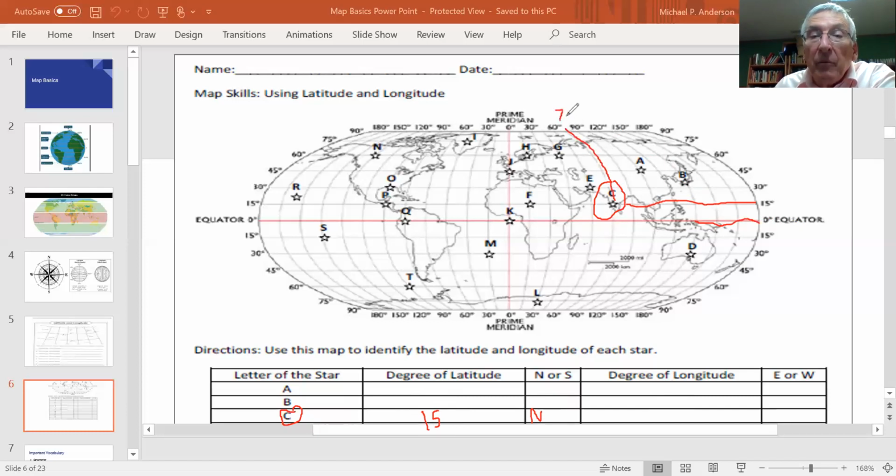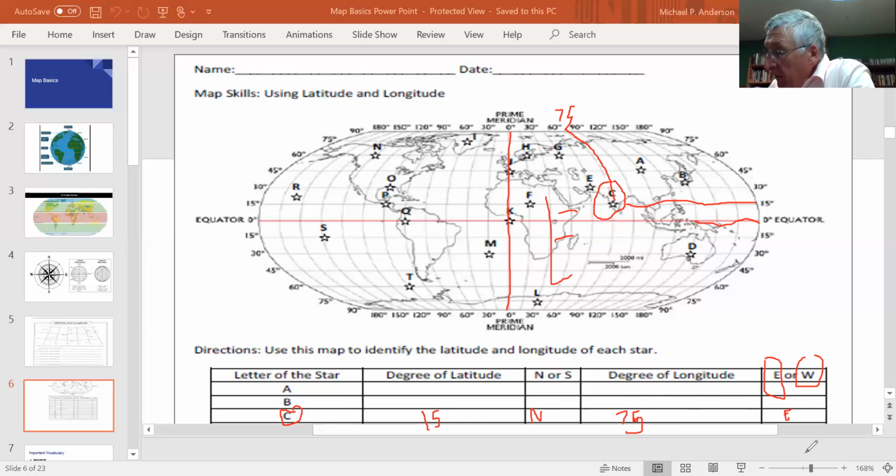So we know that's going to be 75 degrees. Now, is that east or west? Here's the prime meridian. This is to the east, so it's going to be 75 degrees east.